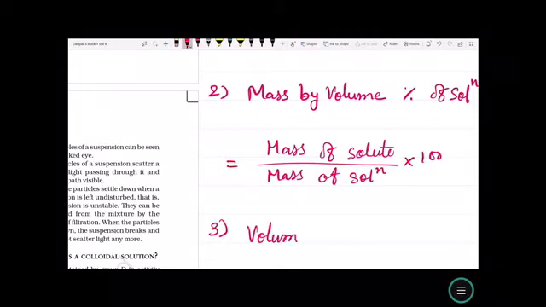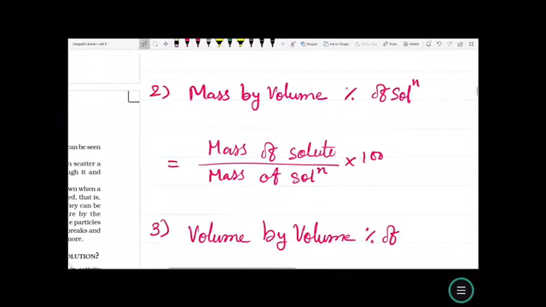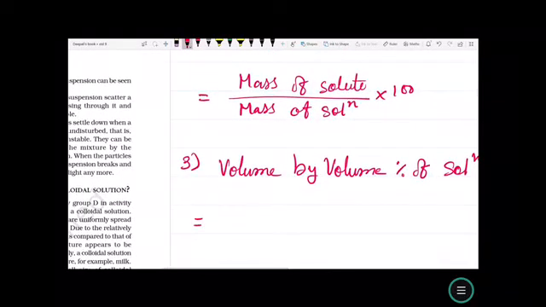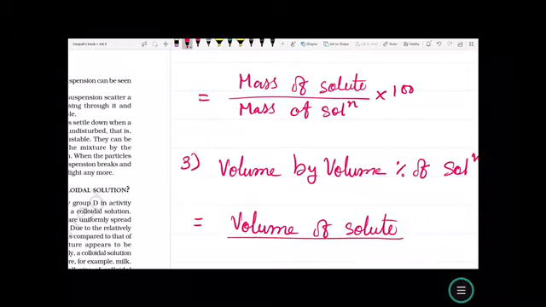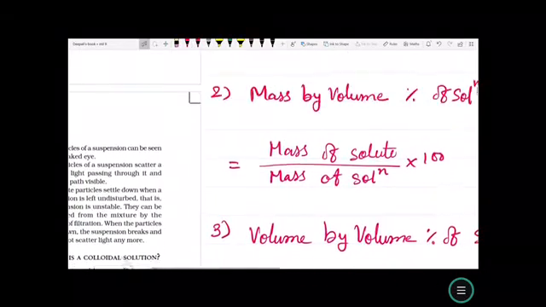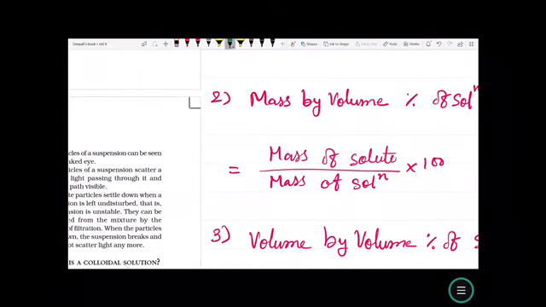Third is volume by volume percentage of solution, that is equal to volume of solute upon volume of solution into 100. So, very simple to understand.